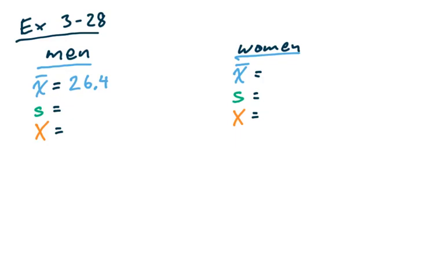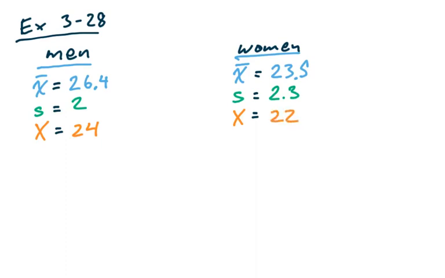And the mean age at which women marry is 23.5 years, with a standard deviation of 2.3 years. So then it asks us, find the relative positions for a man who marries at age 24 and a woman who marries at age 22.